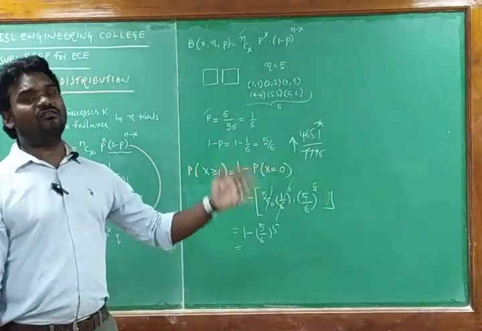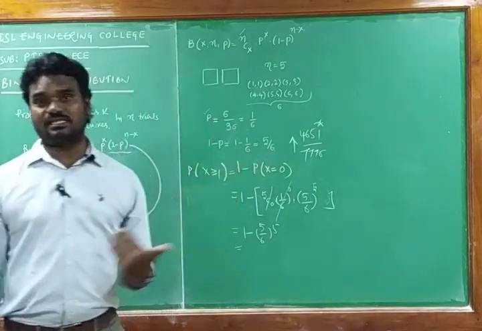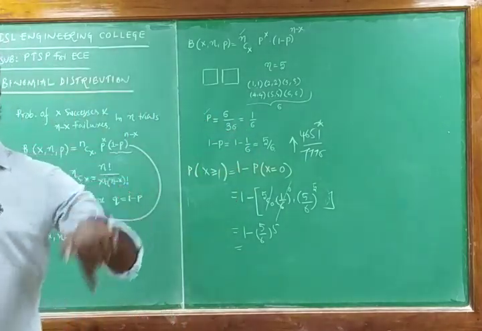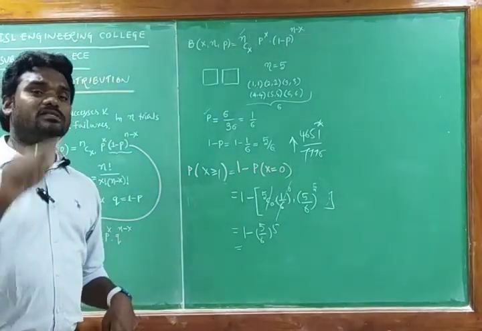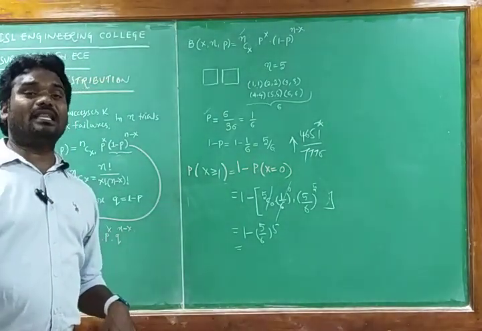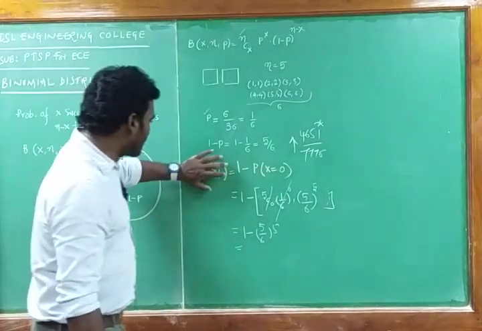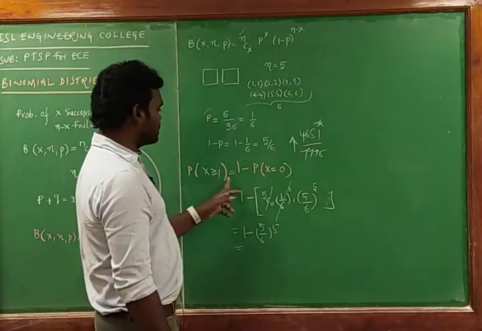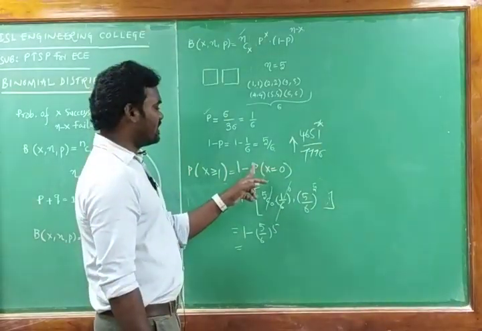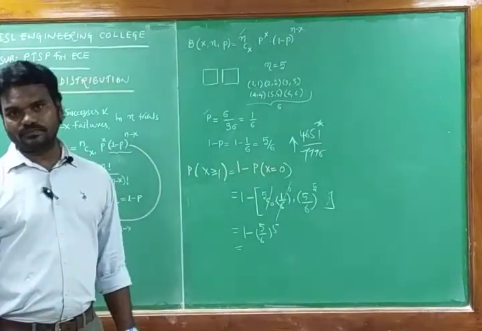Now we require to have, that is probability of getting the success at least 1, that means what? X value at least 1, that means x has to be greater than or equals to 1. So that probability of getting x greater than or equals to 1 means 1 minus probability of x is equals to 0.